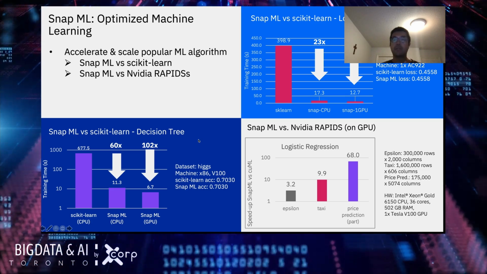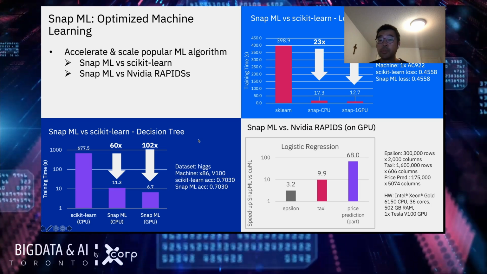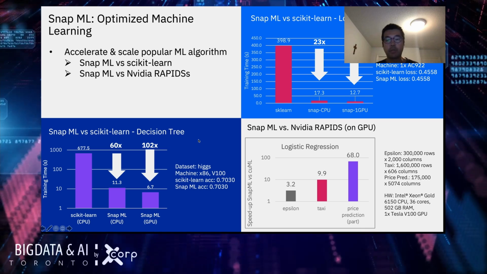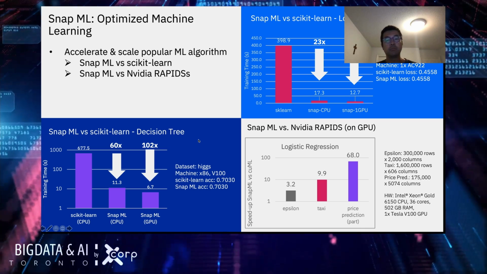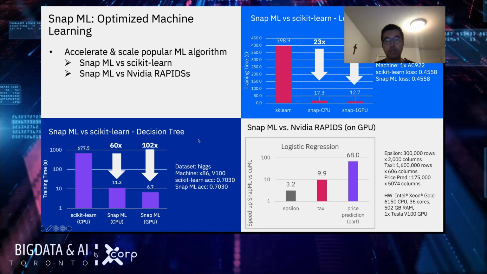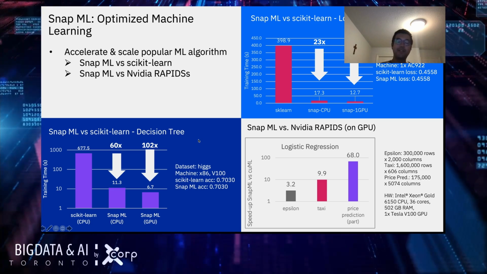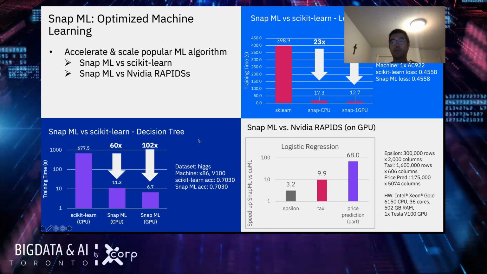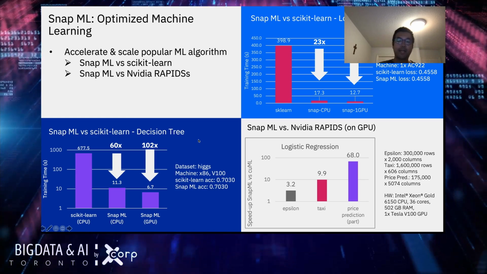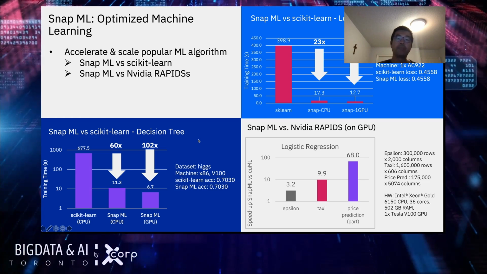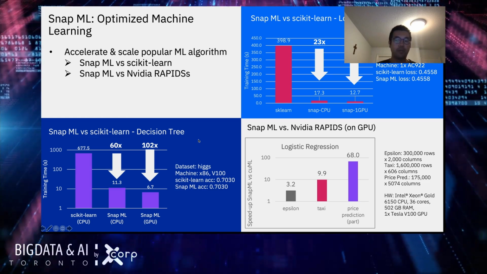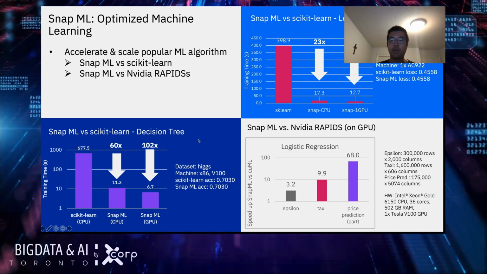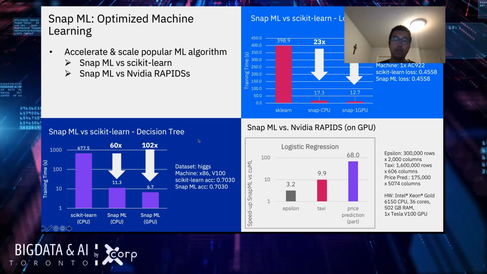StepML supports some of today's most popular machine learning models, including linear regression, logistic regression, SVM, random forest, decision tree, etc. In this diagram, you can see a runtime comparison between training machine learning models in scikit-learn and with StepML, on both CPU and GPU. An acceleration of up to 100 times can be obtained depending on model and dataset.